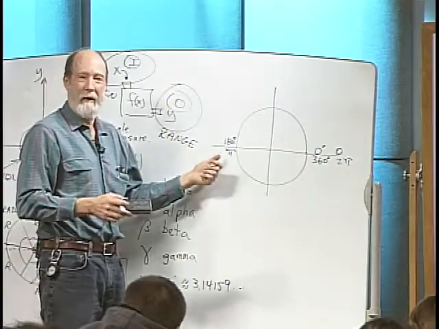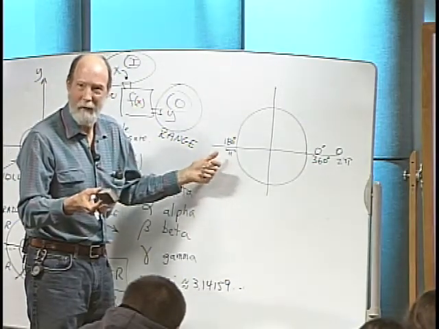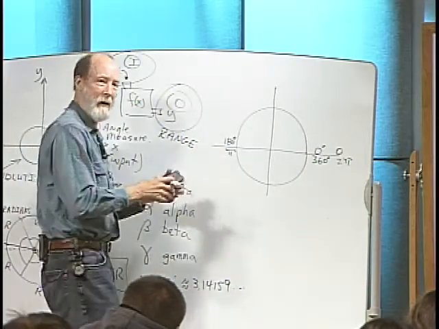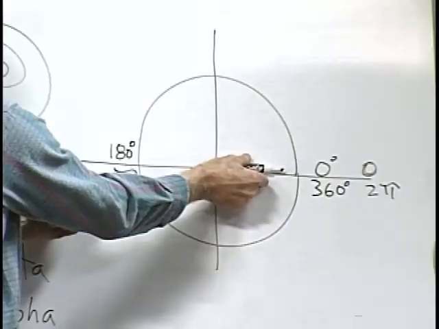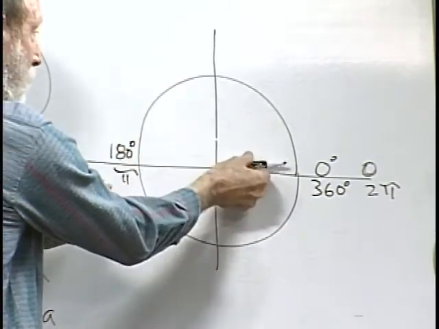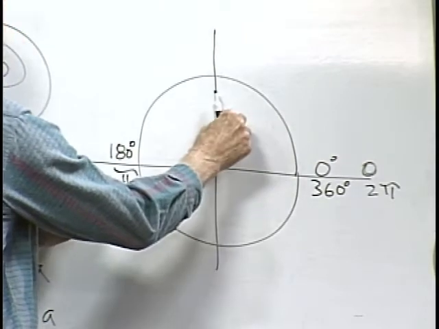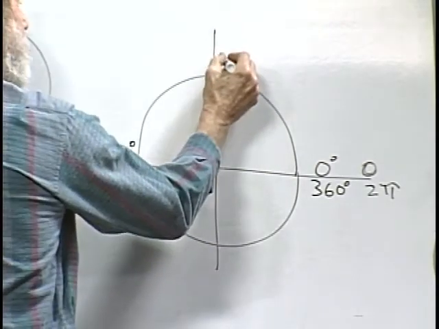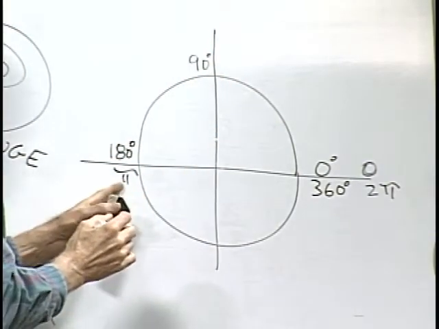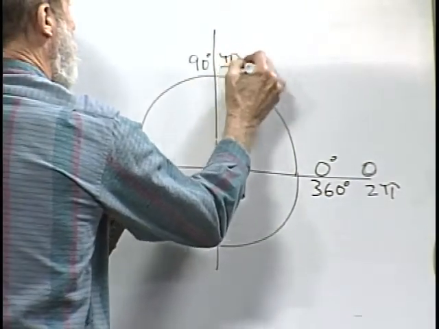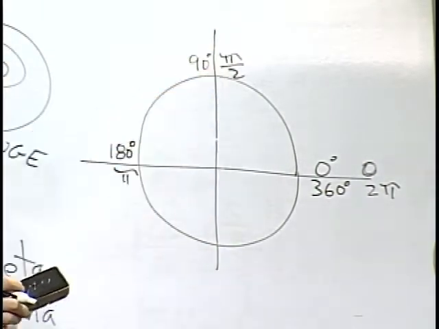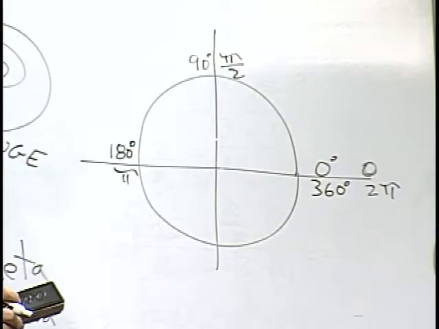Here's where we're going to practice fractions a little bit, okay? If we now cut these in half, our terminal side is going to be straight up. And that rotation we've gone through is half of 180, which is 90 degrees, or pi over 2 radians, a half of a pi.